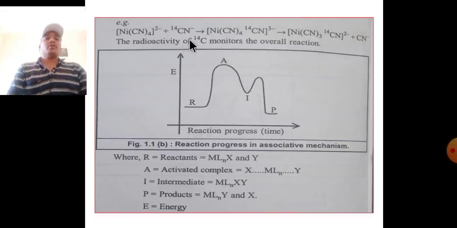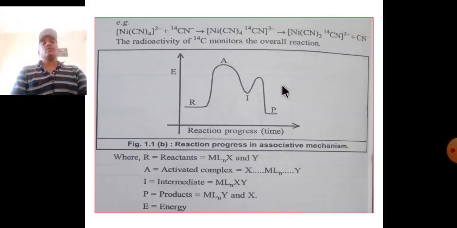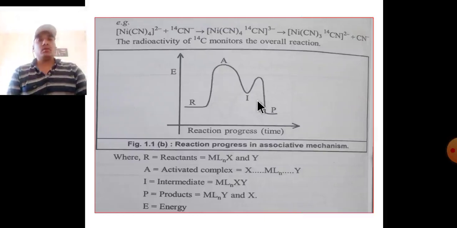Tetracyanonickelate plus radioactive C14 cyano group reacts to form a pentacyano complex and then again forms a tetracyano complex plus cyano ligand. In the energy profile diagram, the reactant is converted into an activated complex, then into an intermediate, and an activated complex to form the product.